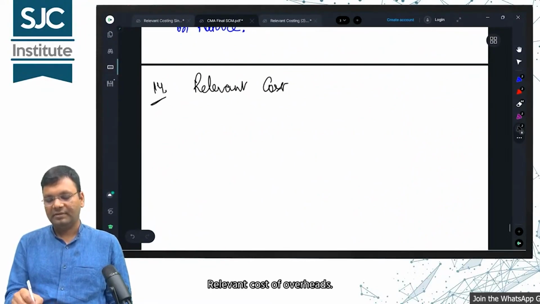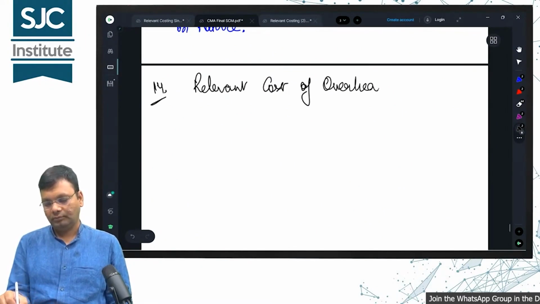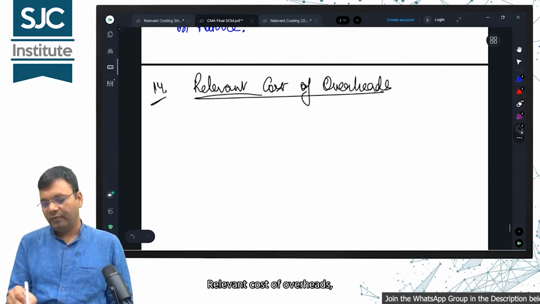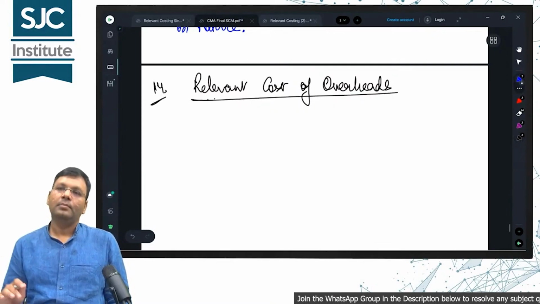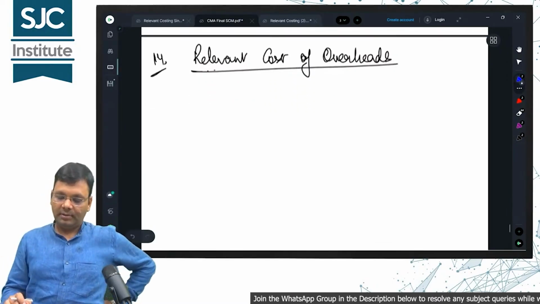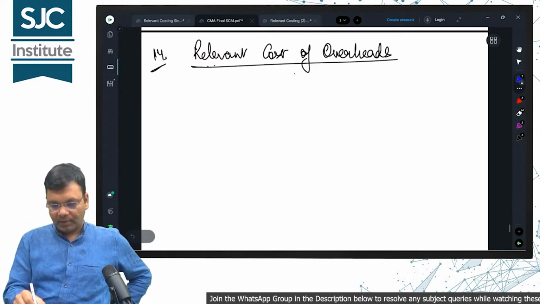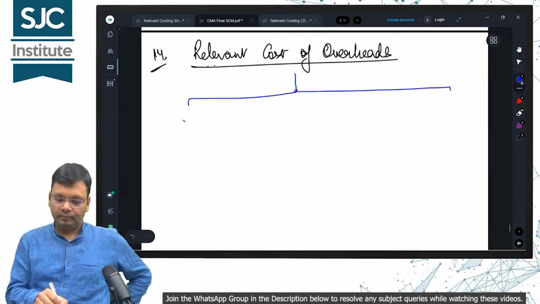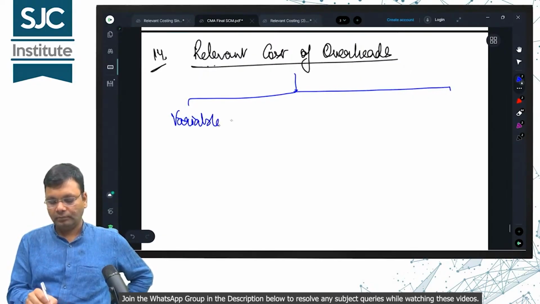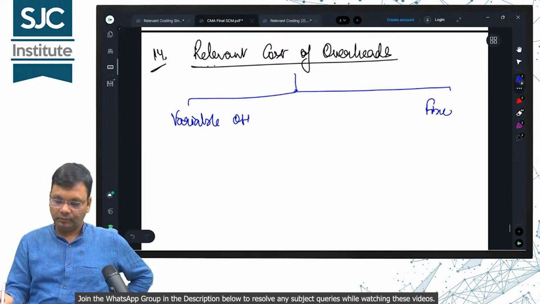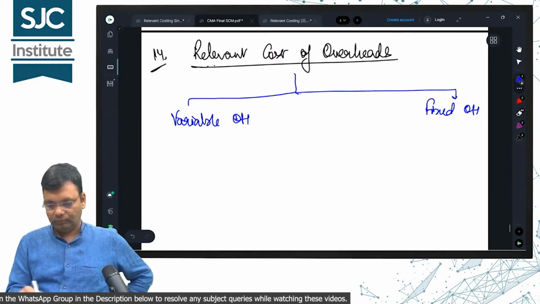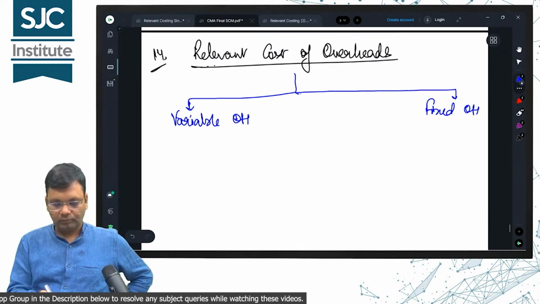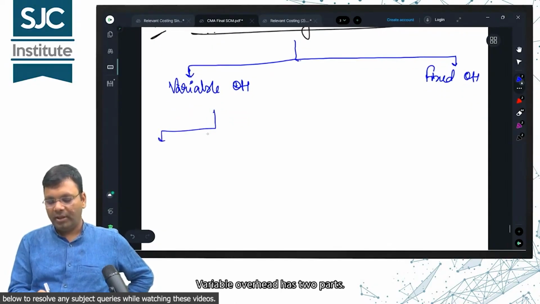Relevant cost of overheads. We will now study relevant cost of overheads. It has two parts. One is variable overhead. Second one is fixed overhead. Variable overhead has two parts.